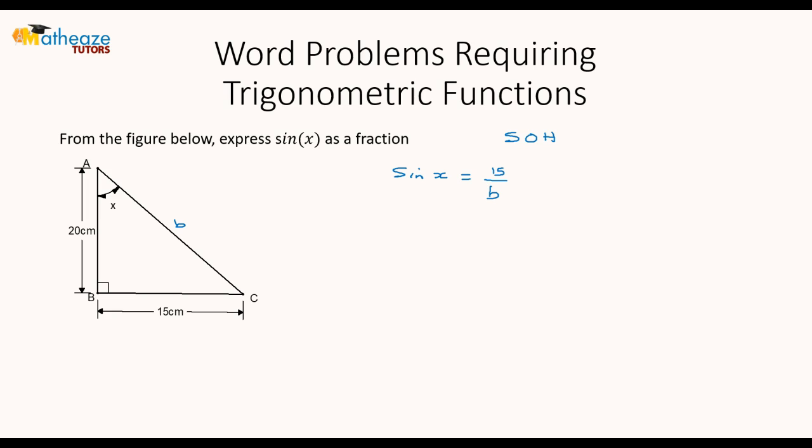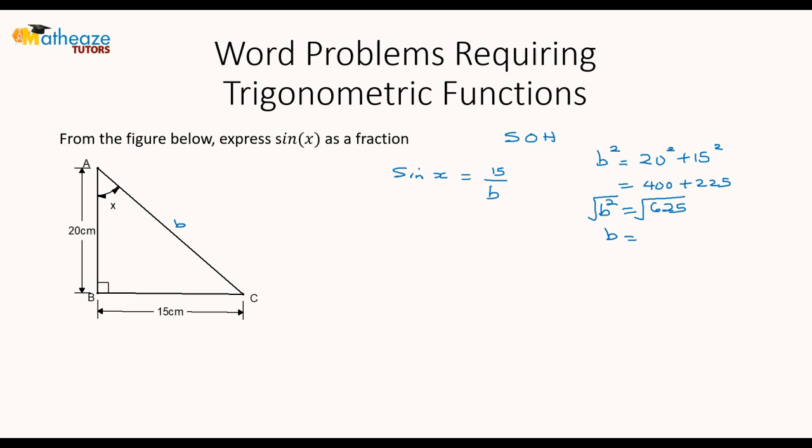So according to the Pythagorean theorem, b squared is equal to 20 squared plus 15 squared, which is 400 plus 225. That's going to give us 625. So b squared is 625, so we need to find the square root of both sides.